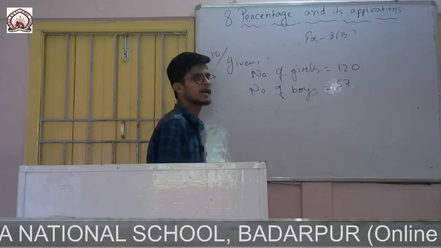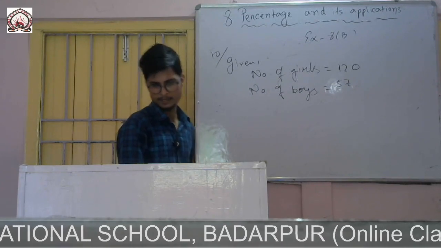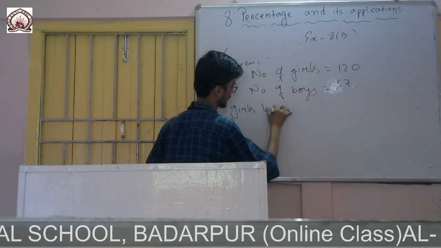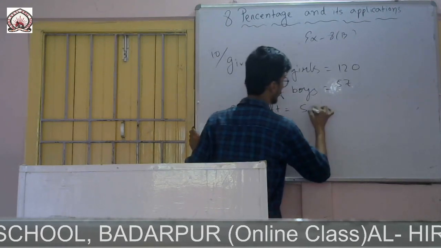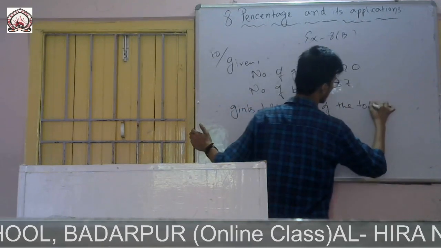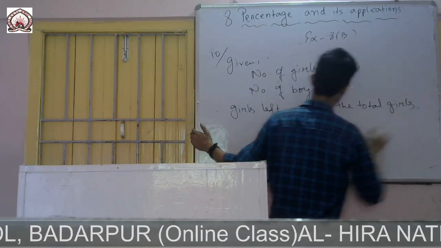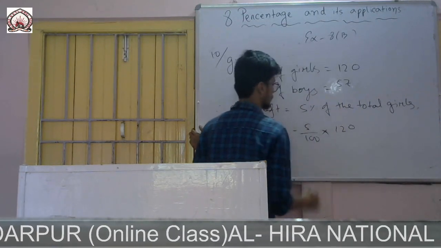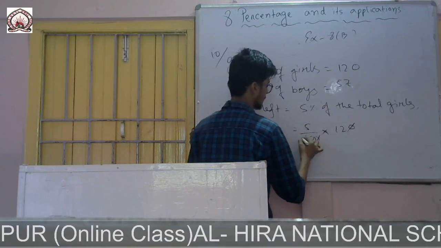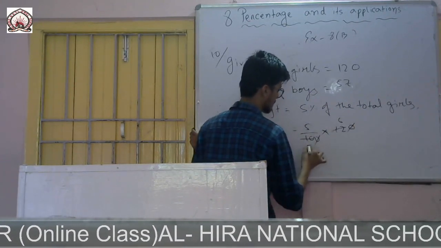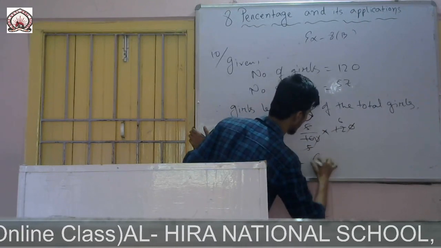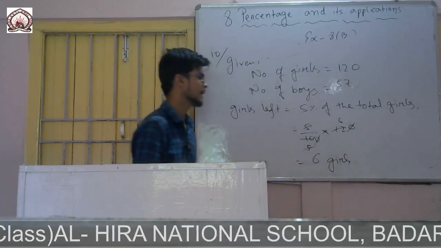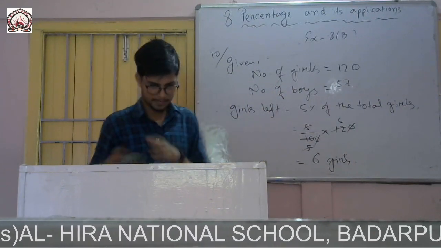So now we'll find how many girls left, 5% of the total girls. Therefore girls left equal 5% of the total girls. 5% means 5 by 100. How many girls are there? 120. The zeros cancel, and 5 twos are 10, the 5s cancel. That means 6 into 1, 6. So 6 girls left.